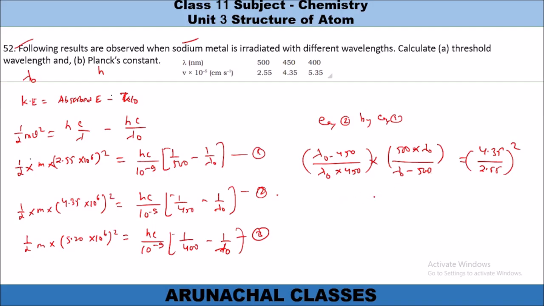On solving this one we will get the value of lambda naught equal to 531 nanometer. So this is the first case.